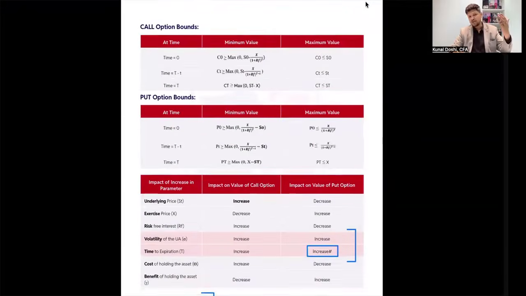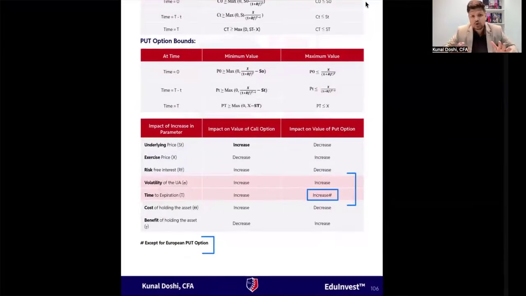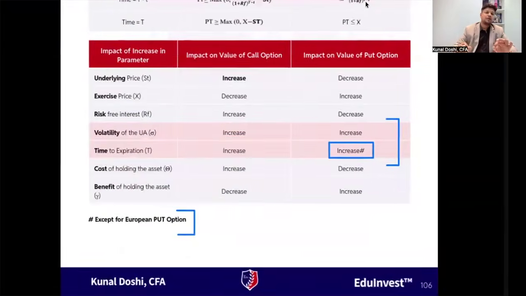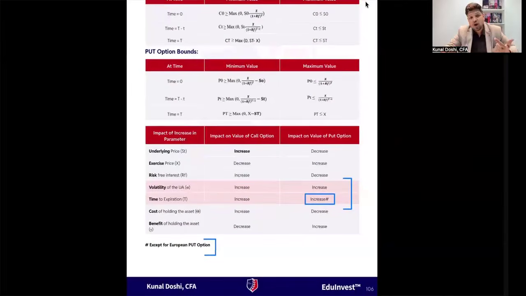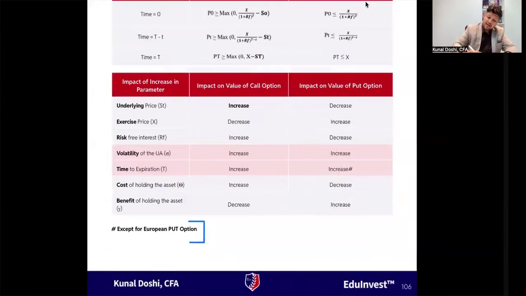Now there is bounds of option. You can choose to skip it and focus on the impact on the option. Remember option, and you should connect now with the alternatives also. Underlying: anything which increases the stock price will benefit the call option. Anything which decreases the stock price will benefit the put option.